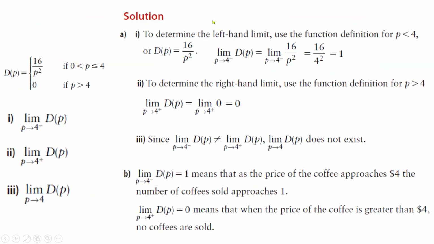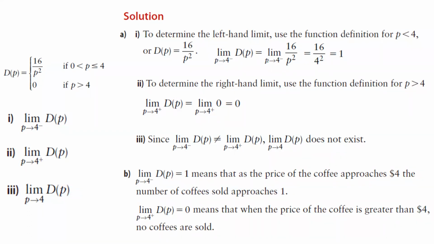First, to determine the left-hand limit, we can use the function definition for p less than 4, or D(p) equals 16 over p squared, right? The limit of D(p) as p approaches 4 from the left side equals the limit of 16 over p squared, which equals 16 over 4 squared, right?